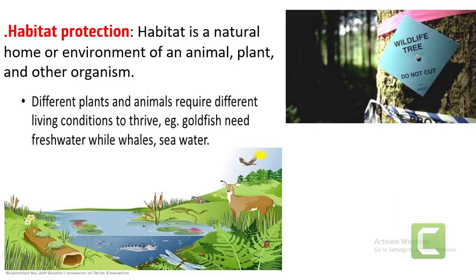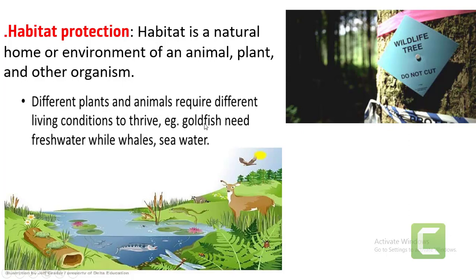So, habitat protection. A habitat is the natural home or environment of an animal, plant, or other organism. We need to protect the habitat of the organisms. Different plants and animals require different living conditions to thrive.